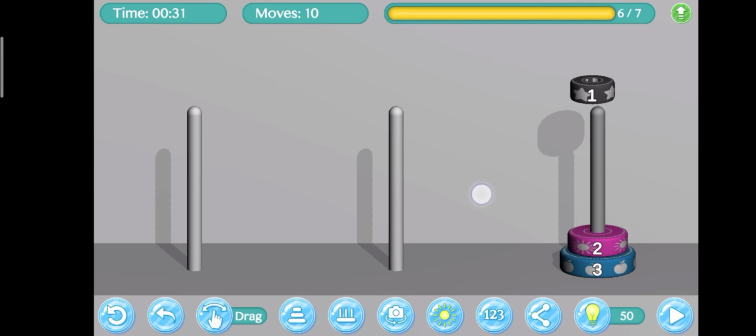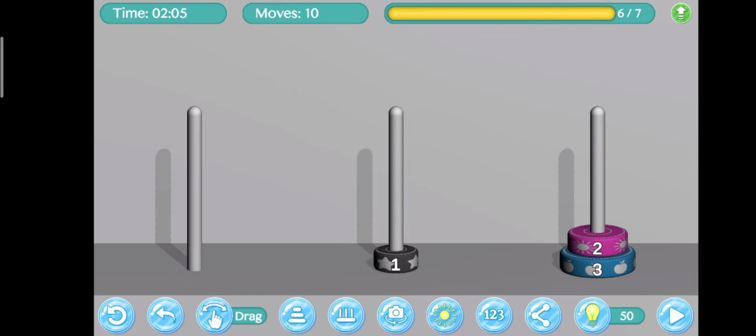As you can see, when I drop this, we can achieve the goal to put the disc on the third pole, but the least moves that we can do here is 7 moves only. So it means that there is a much better way.